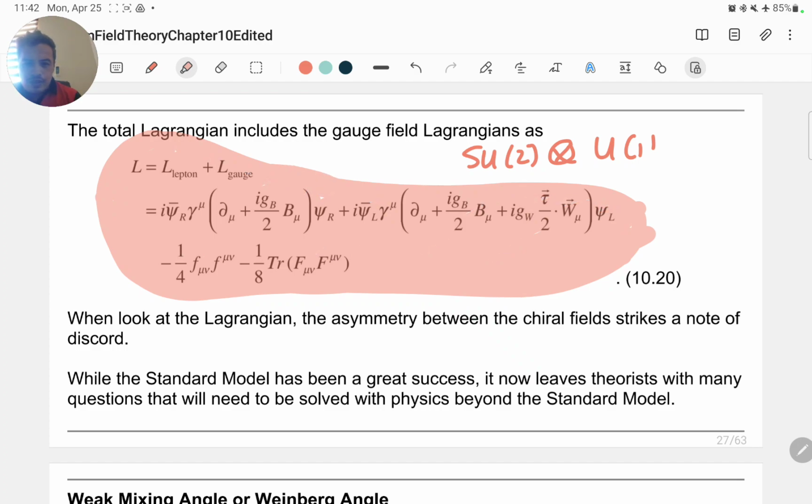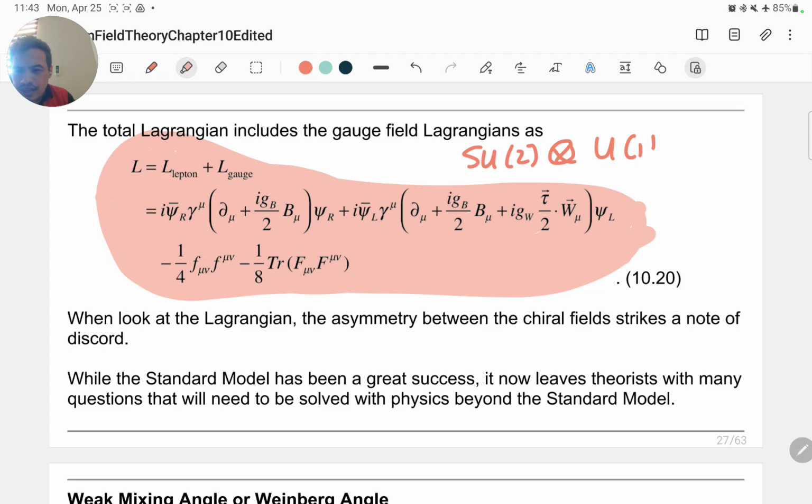Here your F mu nu, the small letter f there, is associated with the B mu, while your capital F mu nu are associated with the three massive gauge fields.